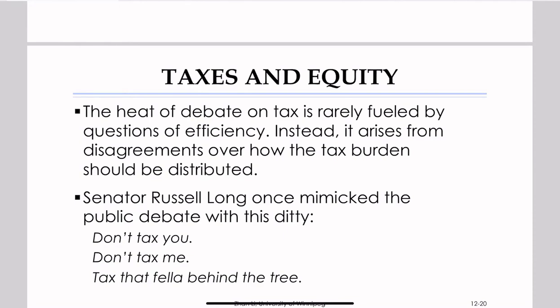Generally, politicians or reporters, their main concern is about the equity of the tax system, right? That is, how this tax burden is distributed among different people.